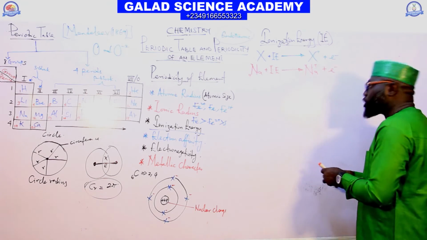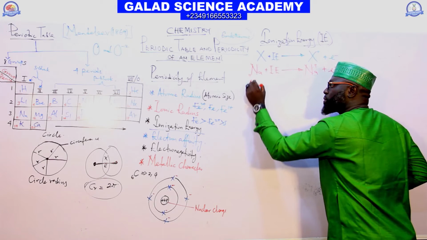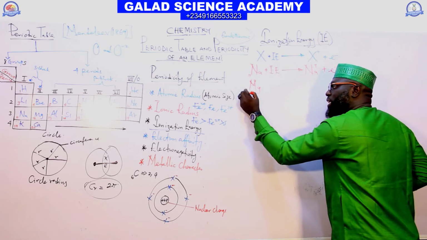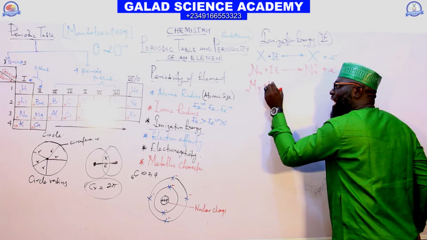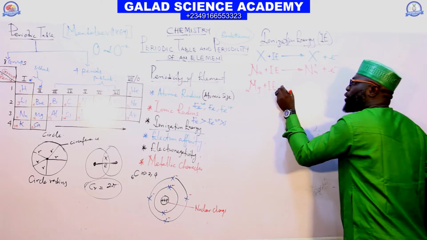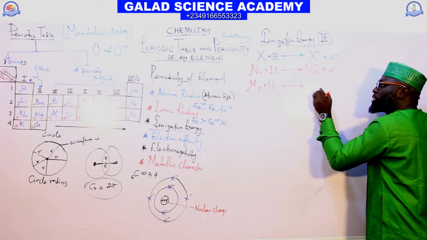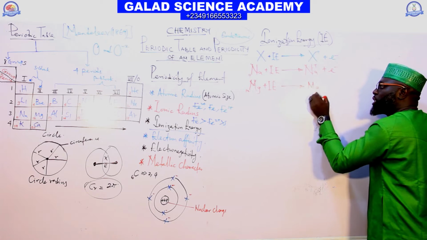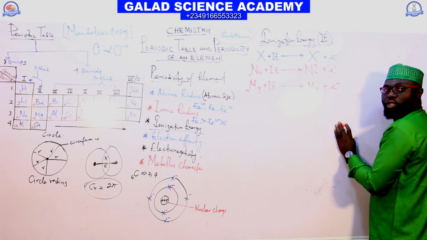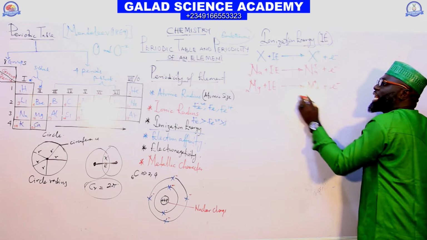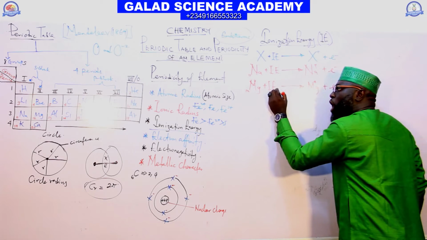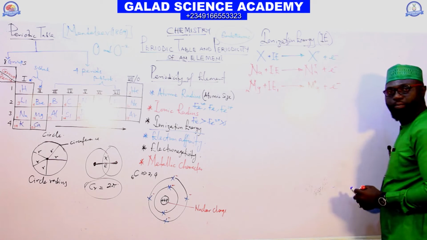But in the case of magnesium, which is atomic number 12, we have ionization energy, the energy that removes the electron out from it. You now have magnesium Mg plus and 1 mole of electron. The energy that takes the first electron out from magnesium, you call first ionization energy.